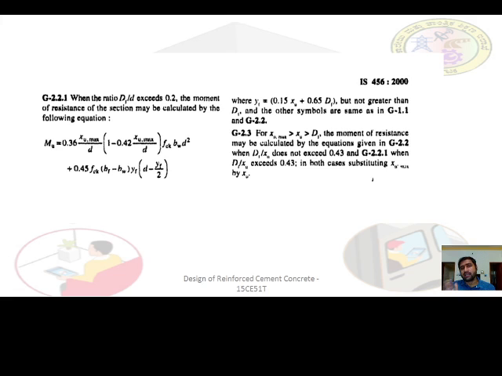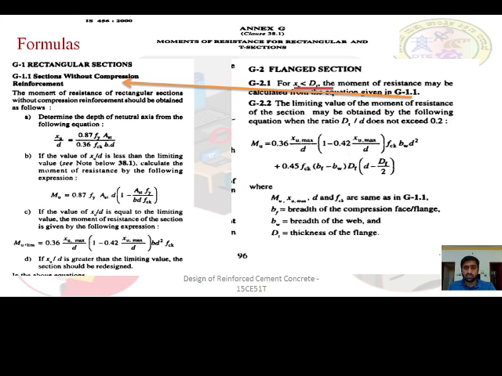If it is an under reinforced section, meaning XU is less than XU max, then we have to check DF by XU. If DF by XU is less than or equal to 0.43, then go back to this equation, G2.2. Here, instead of XU max, replace XU max by XU.